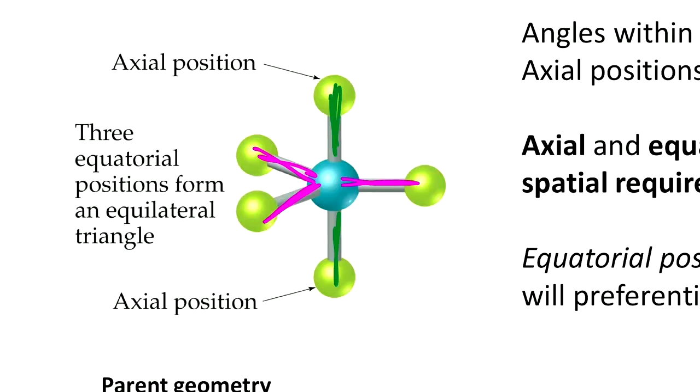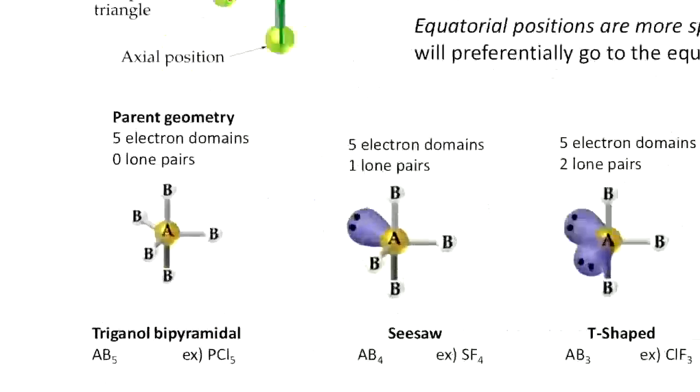We want to put those lone pairs where we give those big, fat, juicy electrons as much room as possible. So if you had the choice of picking a room that was axial or equatorial, which one would you pick? Equatorial. Equatorial has more spatial room because your nearest neighbors are 120 degrees away from one another, and that's what happens when we place lone pairs on a trigonal bipyramid.